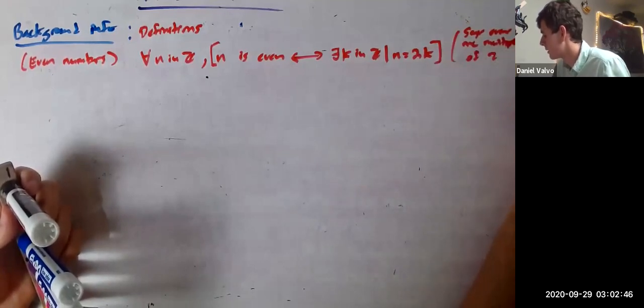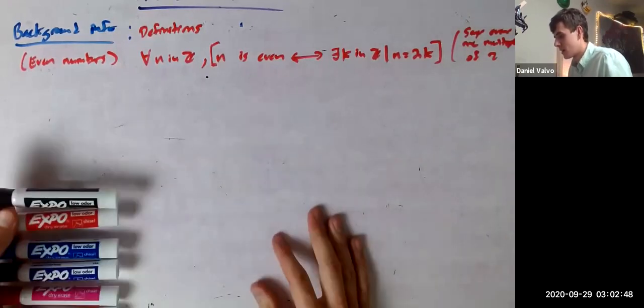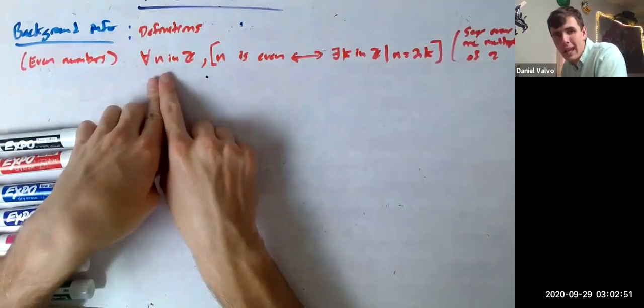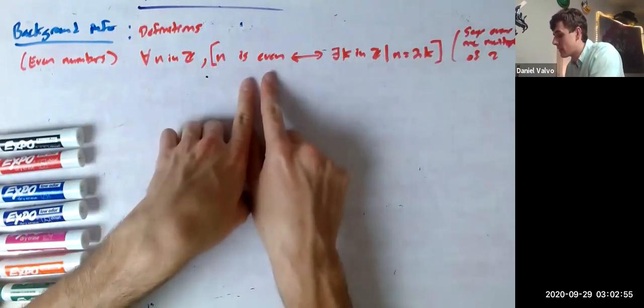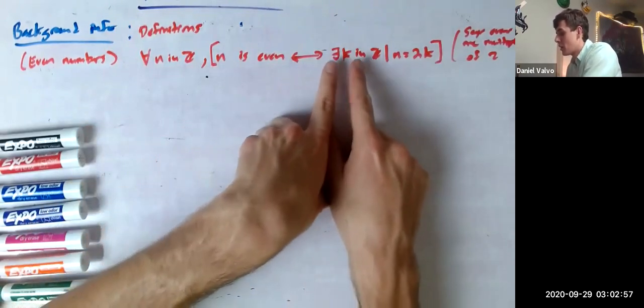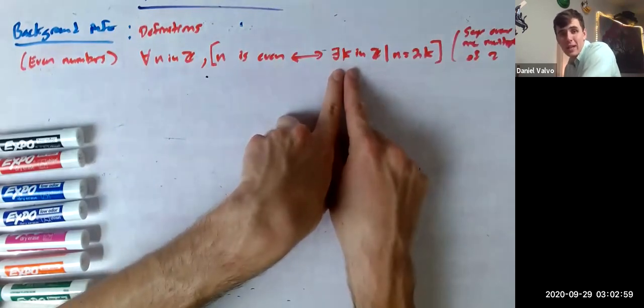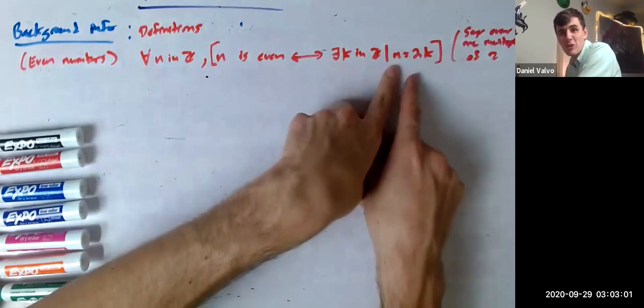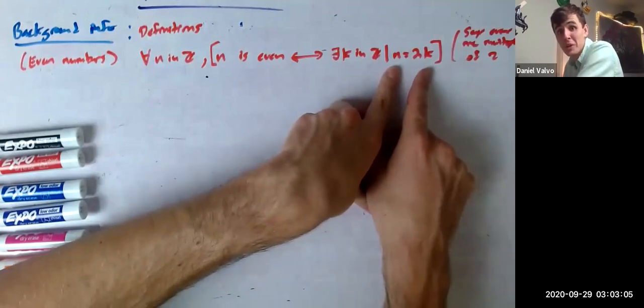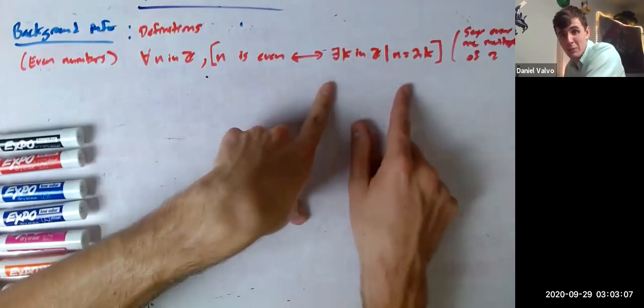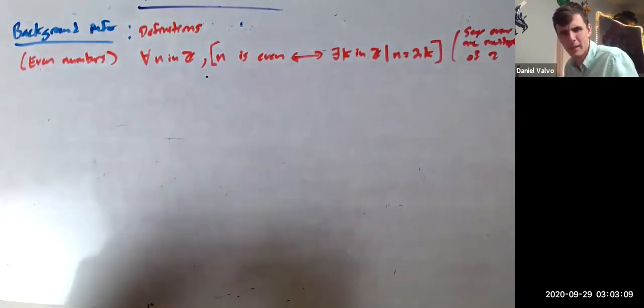For every integer n, n is even if and only if for some other integer k, n equals 2 times that k. So if n equals 2 times an integer, n's a multiple of 2. Make sense?